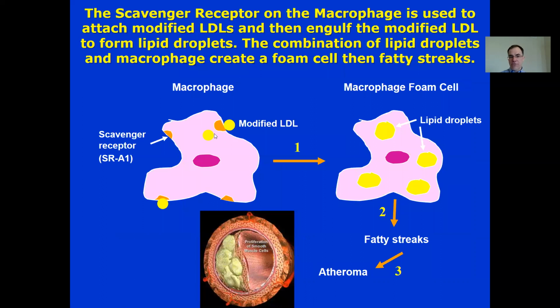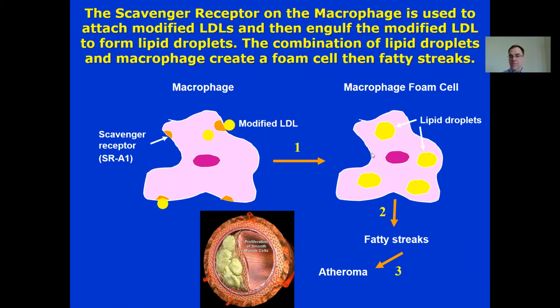You have a macrophage here, and here's the scavenger receptor. The modified LDL is going to be attracted to the scavenger receptor on the macrophage and taken up into it. Over time, those modified LDLs will form larger and larger lipid droplets, and eventually that macrophage will turn into a foam cell.